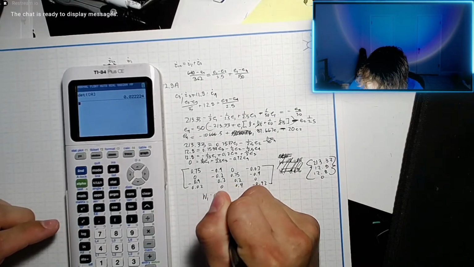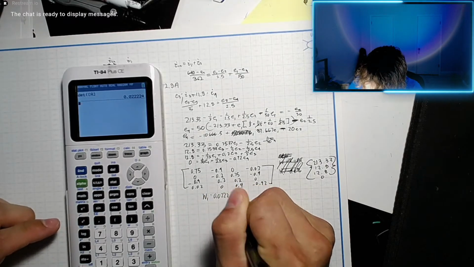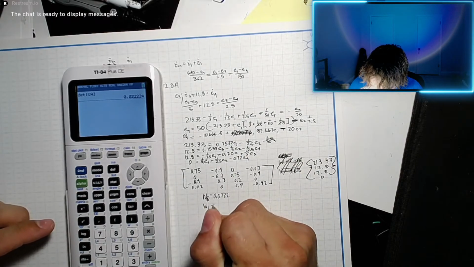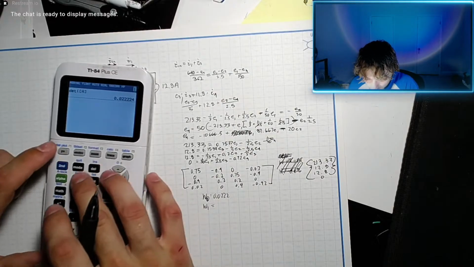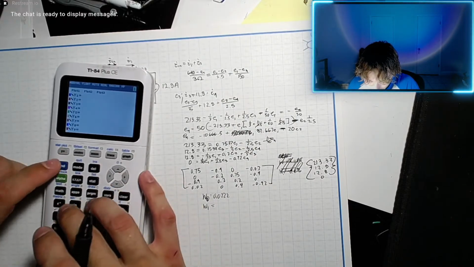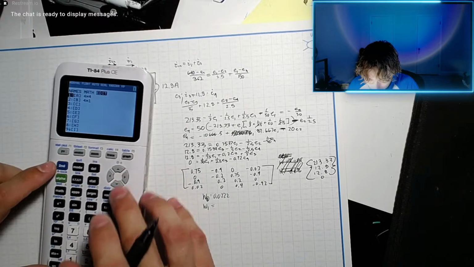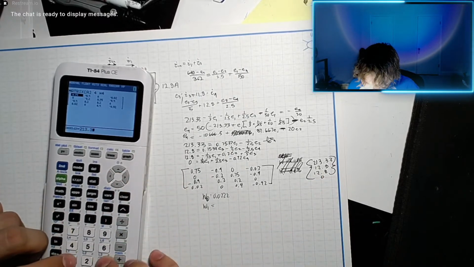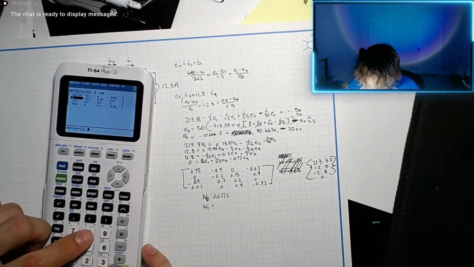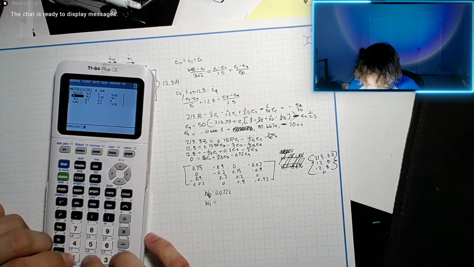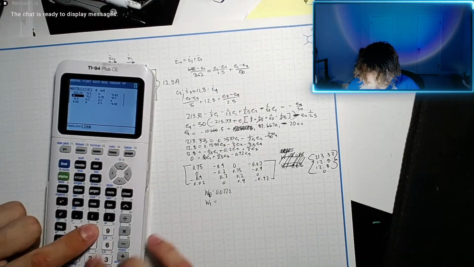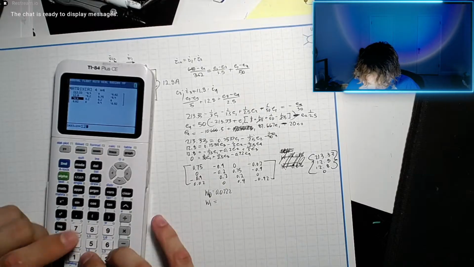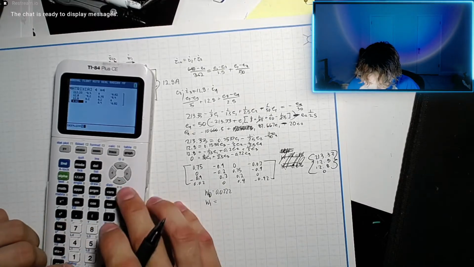Equals 0.0222. Dub 1 equals, yeah, dub not. Whoops. Second matrix, there we go, edit, go back to that matrix, insert the vectors, 213.33, 12.8, 12.8, 12.8, 0.